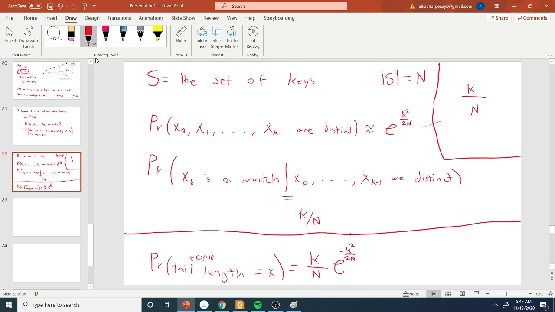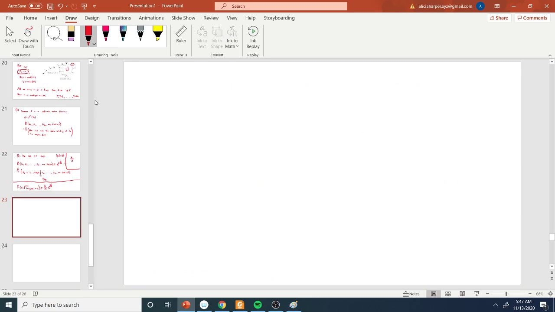So, now that we have this, we can consider the expectation of the tail length.